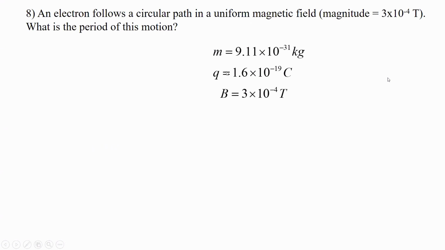We have the mass of the electron, as well as the charge, and the field is given in the problem. Remember the angular frequency, which I think is in the reference sheet, is given as the charge times the magnetic field divided by the mass.